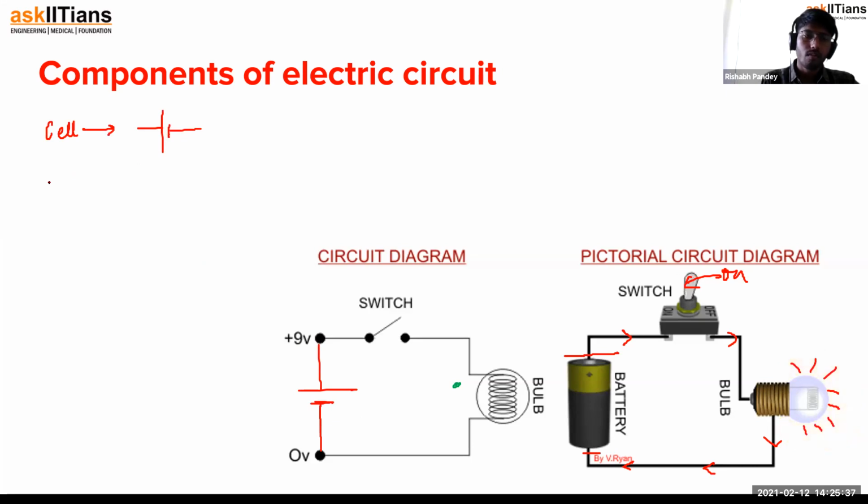For a bulb, this will be the symbol. And then we have the wires. Drawing this pictorial diagram is a hectic thing. Instead, if I draw it in the form of a circuit diagram, it is much easier. That's why we need this.